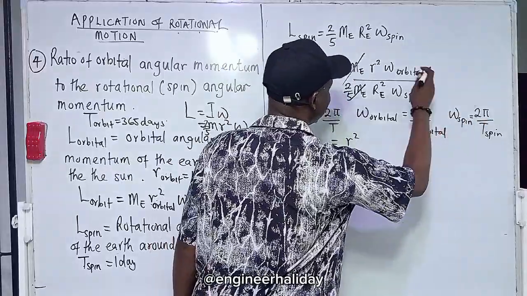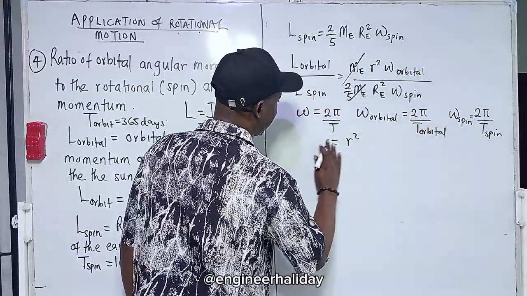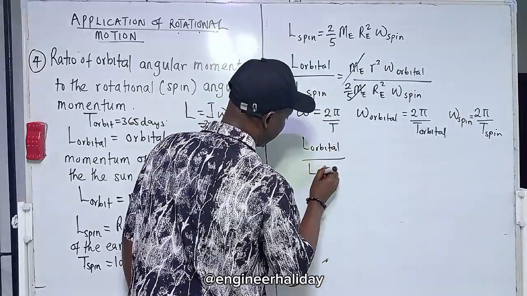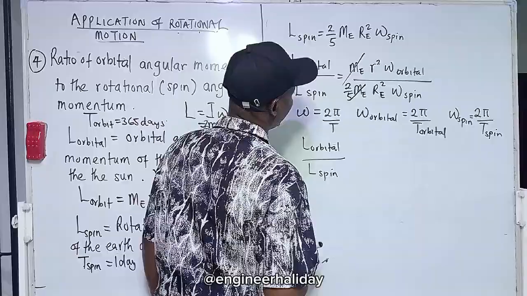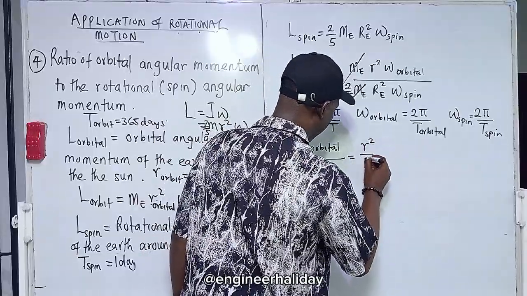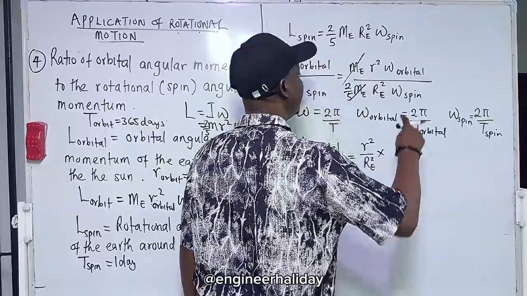If you put this here and put this one here, what we are going to have is for L orbital over L spin, the ratio of angular momentum, equal to R squared over RE squared times.